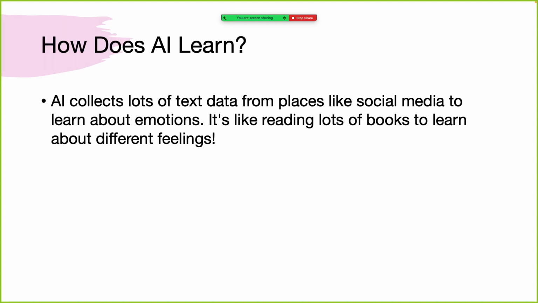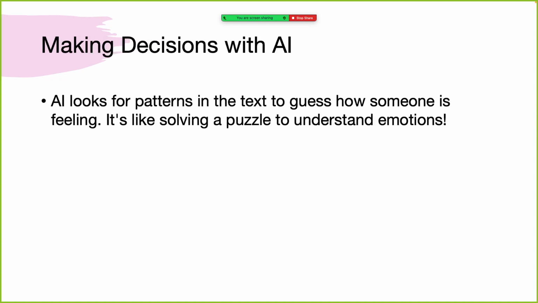That's how our AI is gonna understand how people are feeling today. Okay, making decisions with AI. AI looks for patterns in the text to guess how someone is feeling. It's like solving a puzzle to understand emotions.